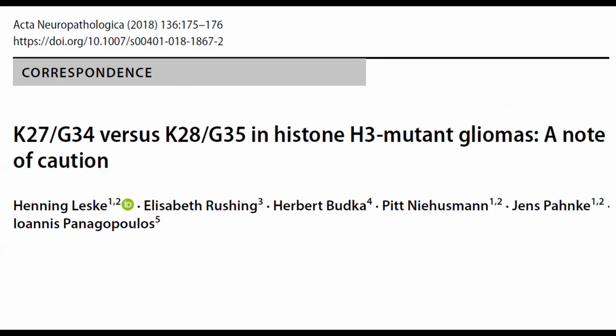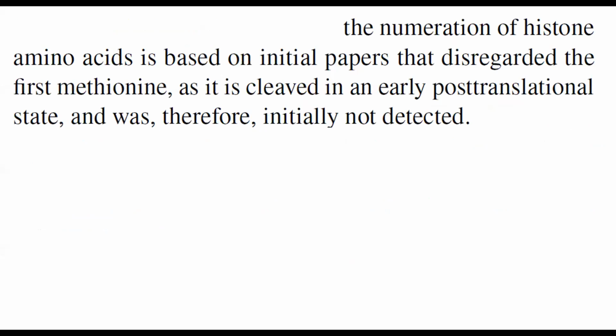And the answer has to do with the early discovery of the histone proteins and the naming convention. So here's a nice paper, 2018, Acta Neuropathologica: K27 and G34 versus K28 and G35 in histone H3 mutant gliomas, a note of caution. Here we go. The numbering of histone amino acids is based on the initial papers that disregarded the first methionine, the first residue, because it's cleaved very early post-translationally.